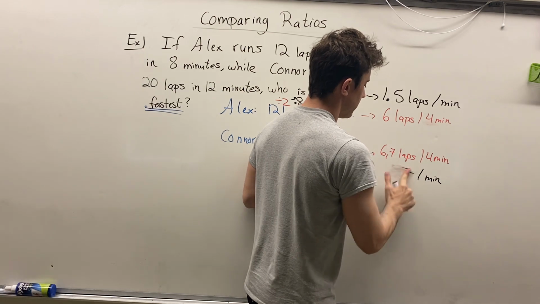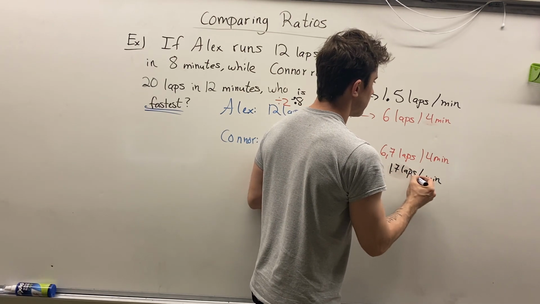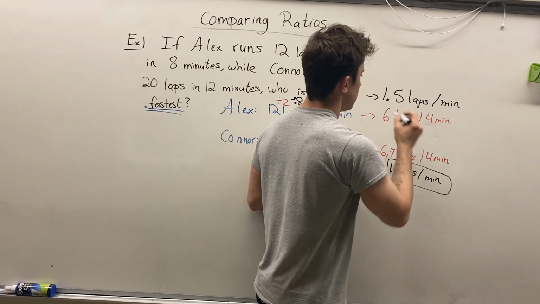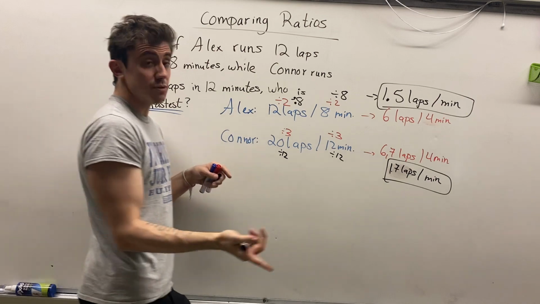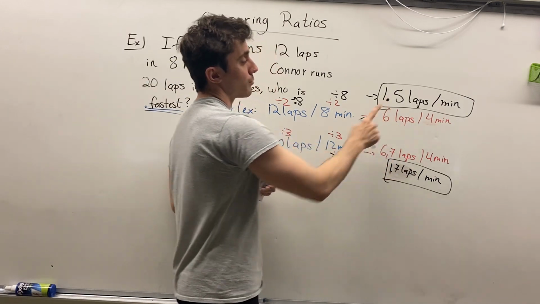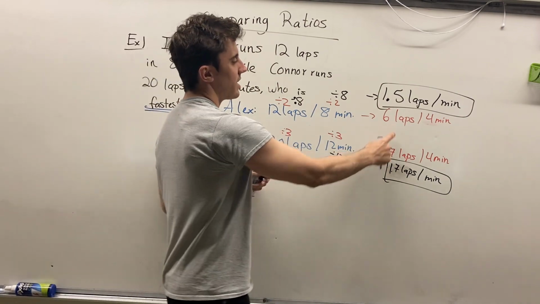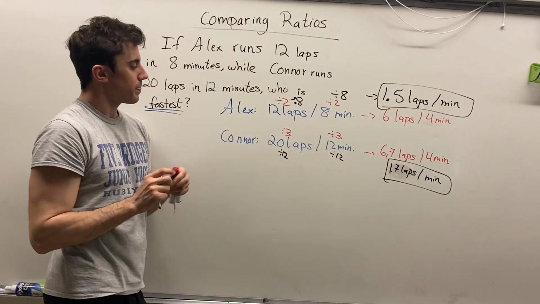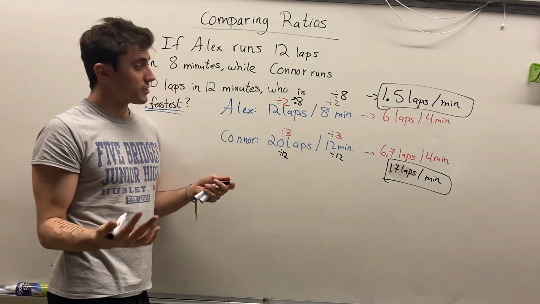Let me write that in a nicer fashion. 1.7 laps per minute. So this would be his unit rate. And so comparing unit rates now, Connor's unit rate is 1.7 laps per minute, Alex's unit rate is 1.5 laps per minute. Again, clearly coming to the same conclusion as we came to in our first strategy, Connor is the faster runner.